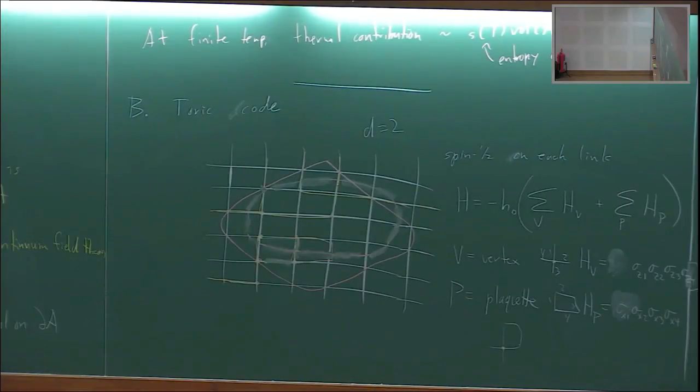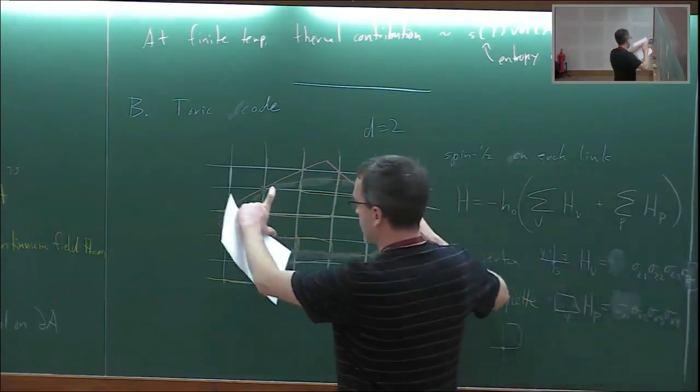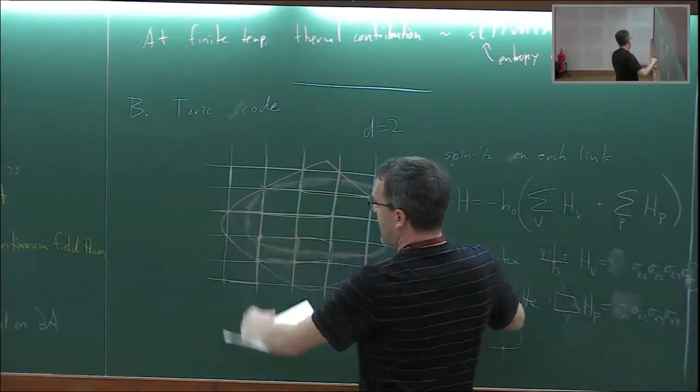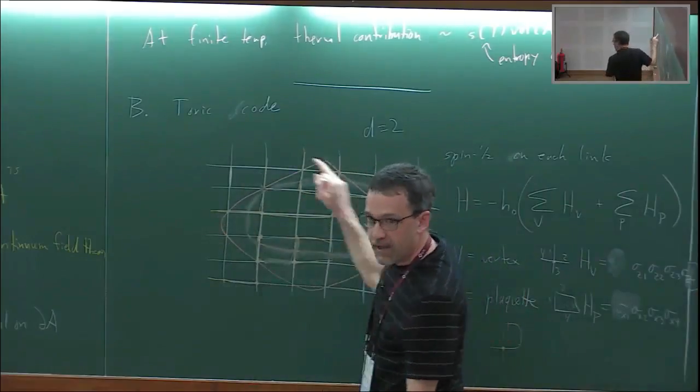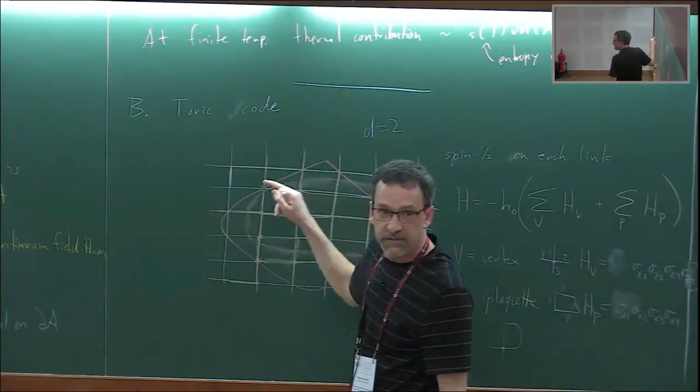Except I've forgotten one thing, which is that there's a constraint on the fluxes. And in particular, if A is connected, the total flux through ∂A has to be 0, mod 2.